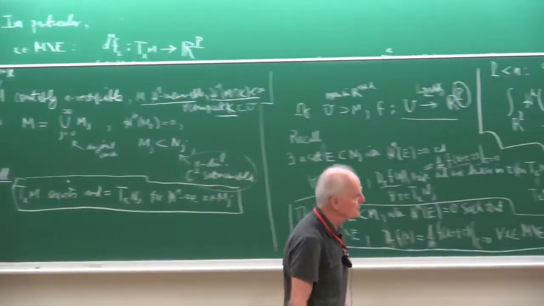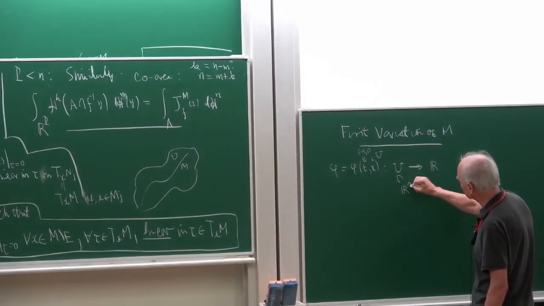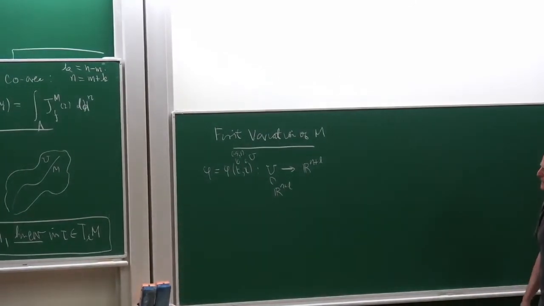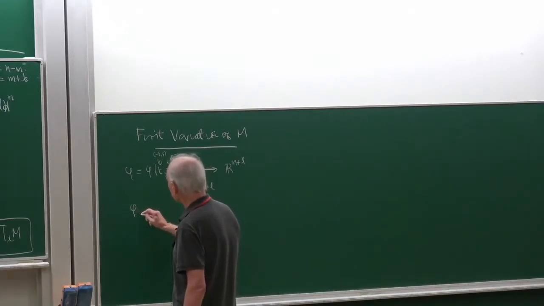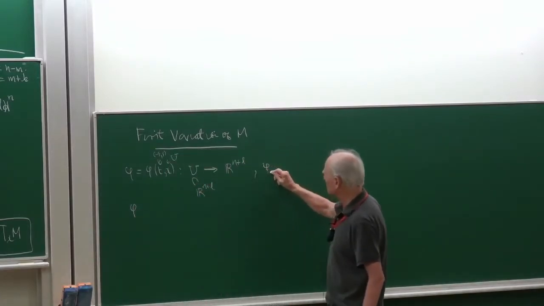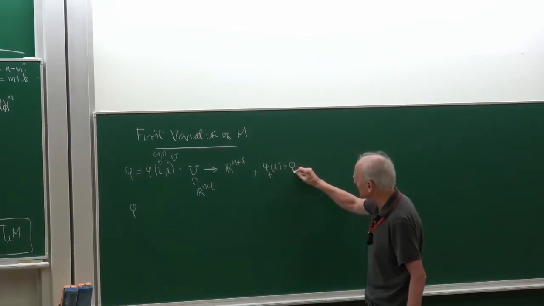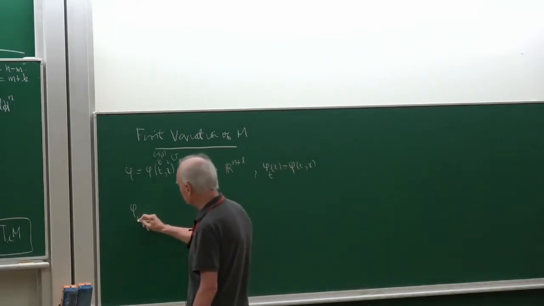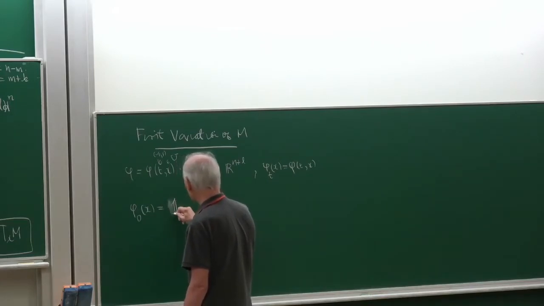So this is mapping U into R^(n+L). Remember, U is an open set in R^(n+L), so it's mapping a subset of R^(n+L) into R^(n+L). And let's also agree on the usual notation: let phi sub t be the function of x that you get just by freezing the t variable, like that. And phi sub 0 should be the identity.